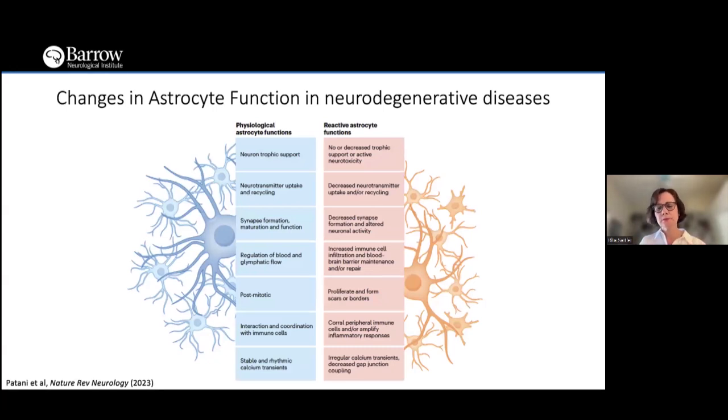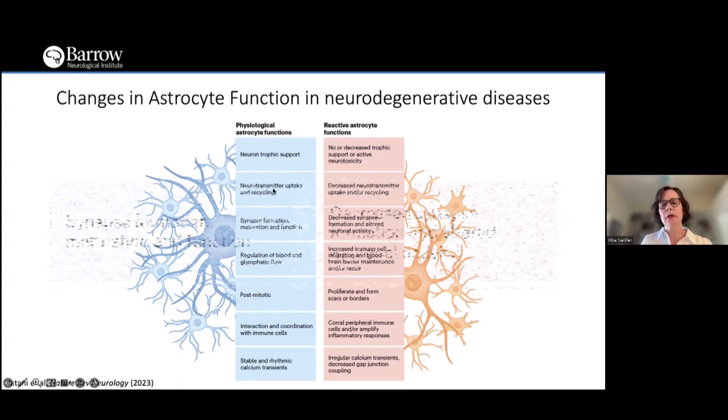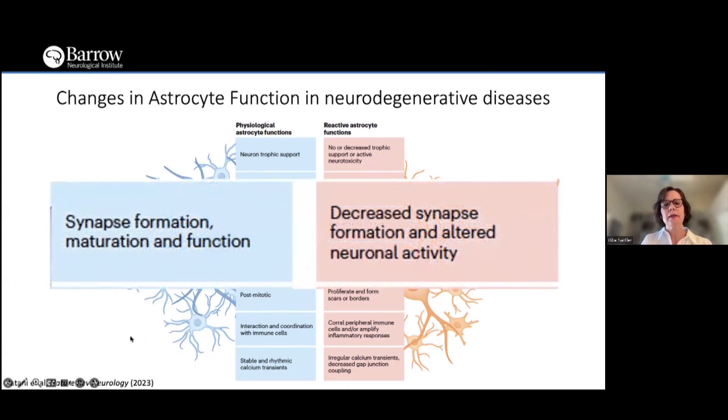And so here, I want to tell you one of the stories that we did to look at the role of astrocytes in particular. And you can see here that astrocytes play a lot of important physiological functions. They provide trophic support. They take up neurotransmitters, in particular glutamate. They're really important to maintain the glutamate balance in the synaptic cleft with activity of glutamate transporters, and so on.